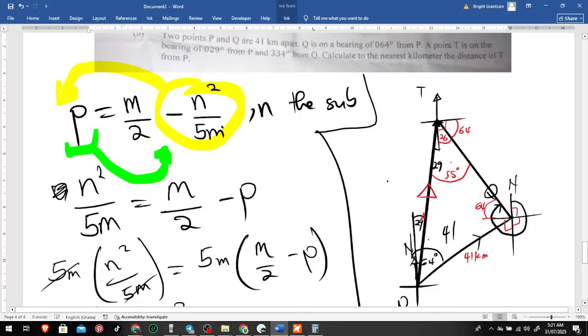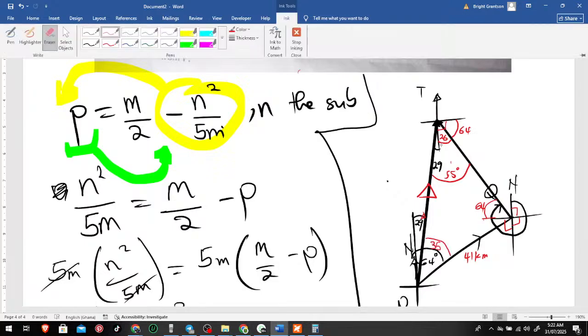Now please, have you been able to understand and resolve the diagram? You need to resolve all these angles before you can solve it. Right, so the Z angle gives us a 64 here. The 29 comes from the bearing of T from P. Then when you add them together, I get 55 over here.